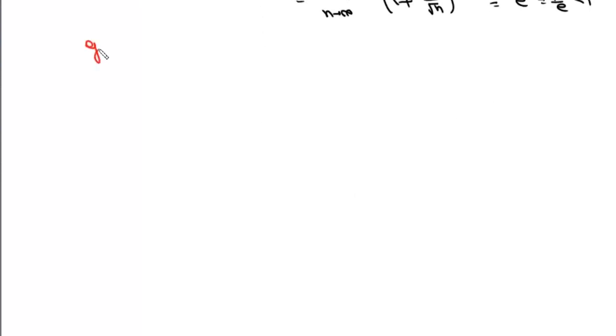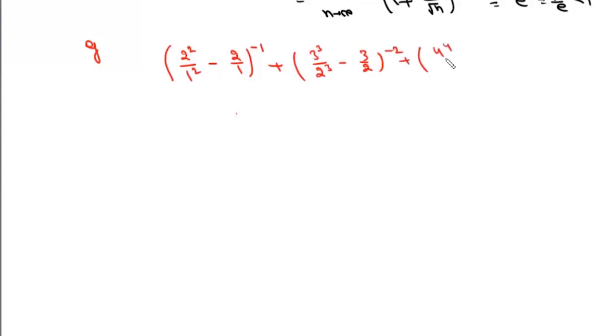Another example is, we have to test for the convergence of this series: 2 square upon 1 square minus 2 upon 1 to the power minus 1 plus 3 cube upon 2 cube minus 3 by 2 to the power minus 2 plus 4 to the power 4 upon 3 to the power 4 minus 4 by 3 to the power minus 3 up to infinite.